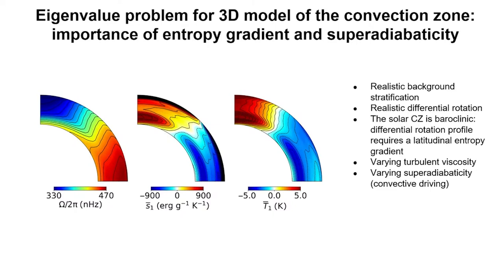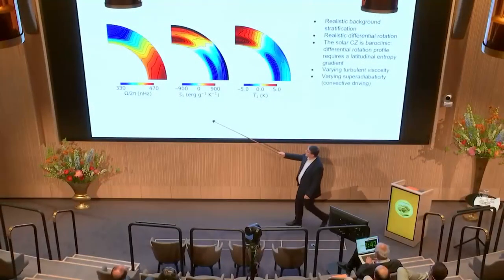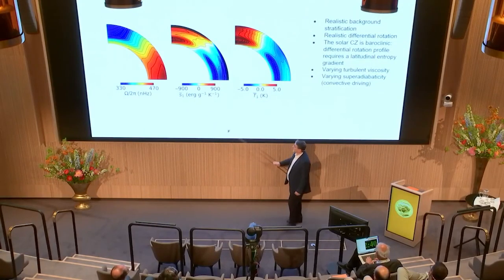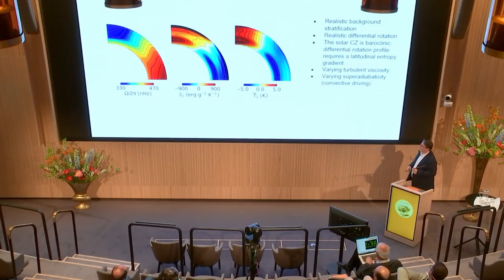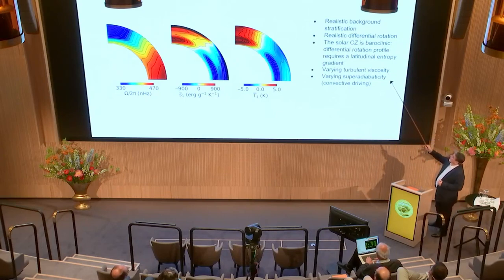So very important is to take the realistic differential rotation profile inferred from P-mode helioseismology. Okay, this is what you see here. This is the angular velocity in nanohertz throughout the convection zone, faster at the equator than at the poles. There is realistic background stratification in the model.